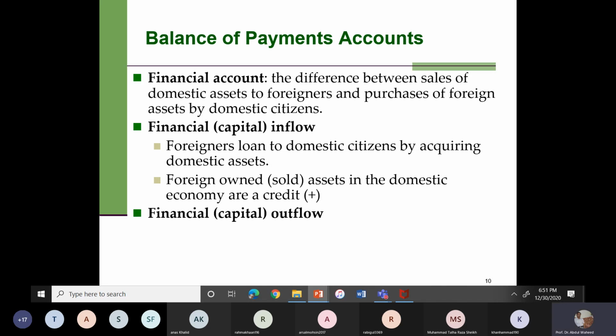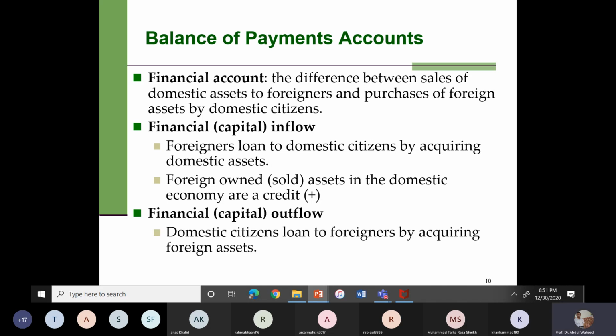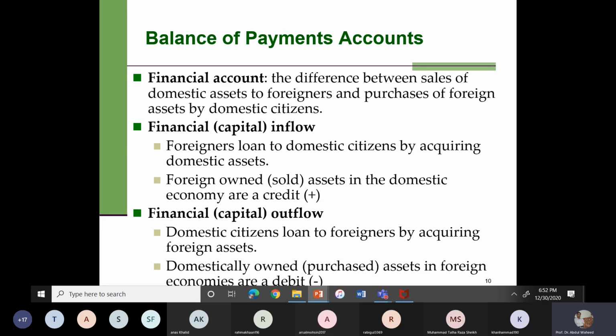Then we have financial outflow. We have domestic citizens' loans. If we are giving loans to foreigners by acquiring foreign assets, and domestically owned assets in foreign economies, these are debits. So again, financial outflow.